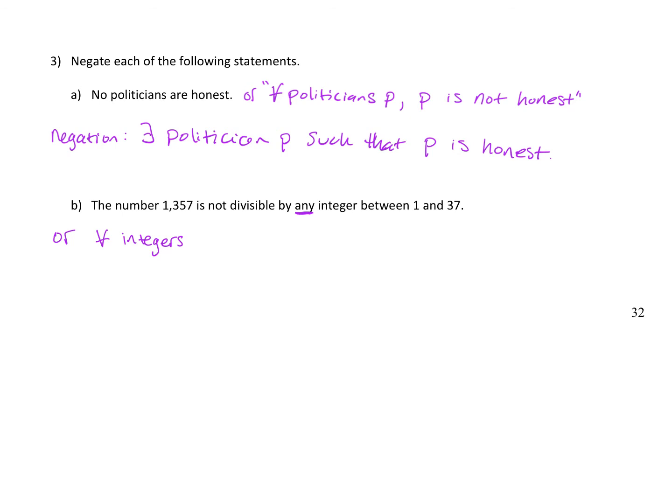For all integers n between 1 and 37, 1357 is not divisible by n.